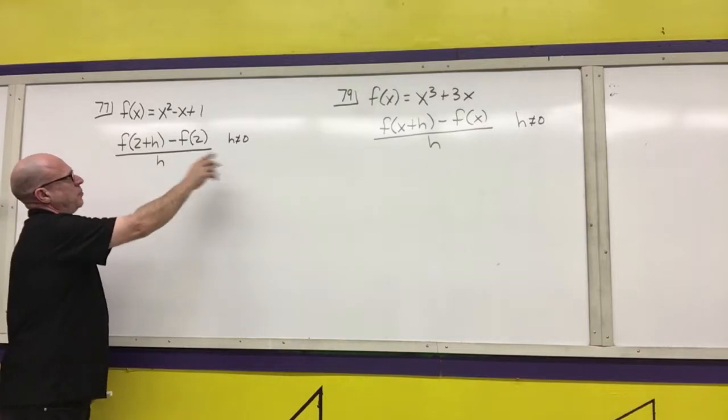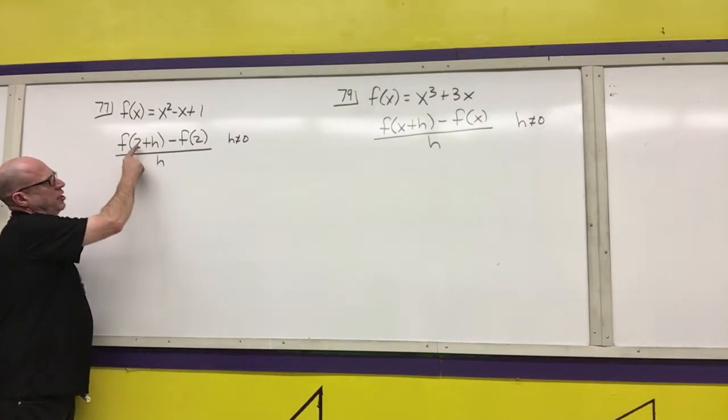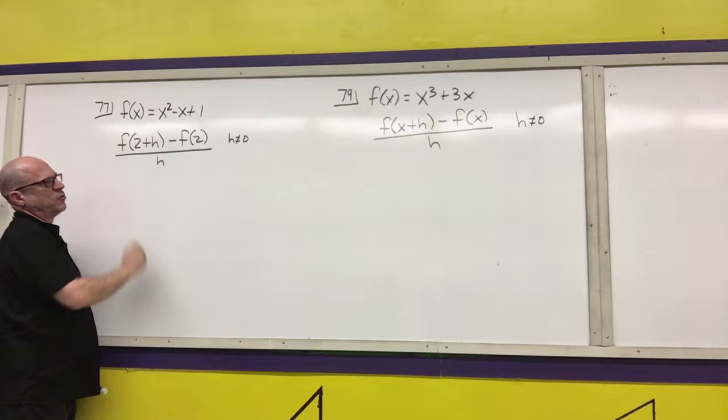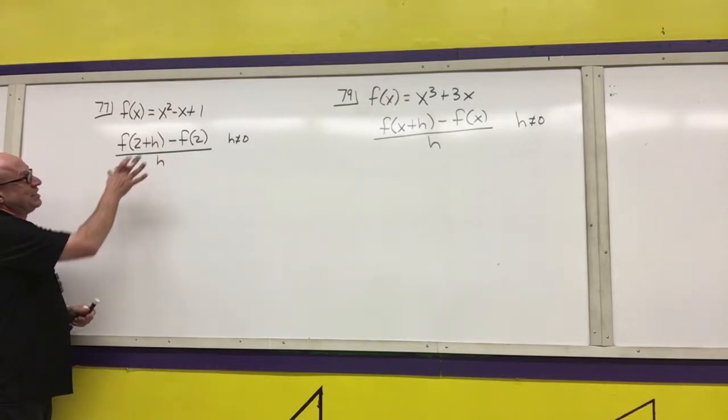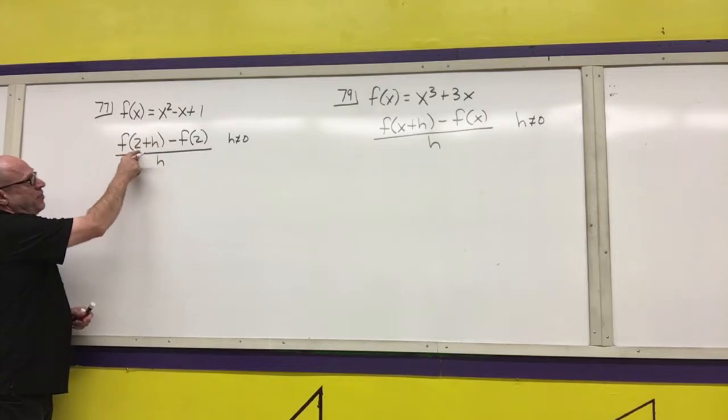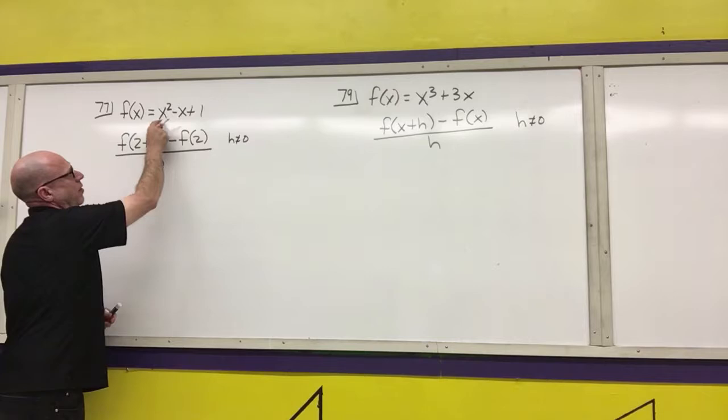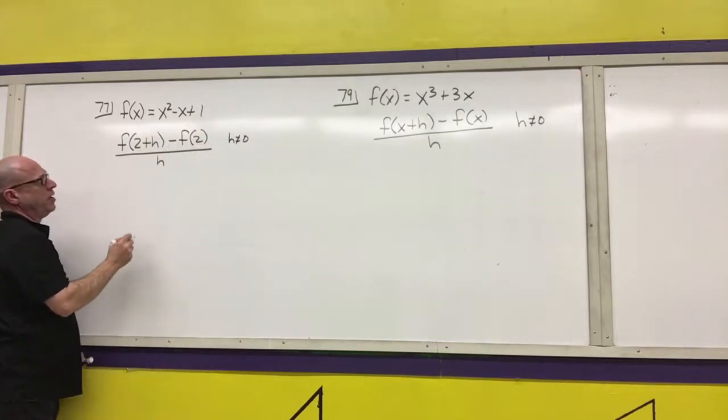And instead of having the x plus h, I've got a 2 plus h here because I'm evaluating this difference quotient at the point x equals 2. So, just like evaluating functions where I have f of 2 plus h, what that means is put a 2 plus h everywhere that there's an x in my original equation.